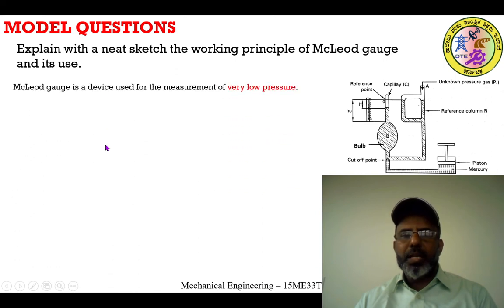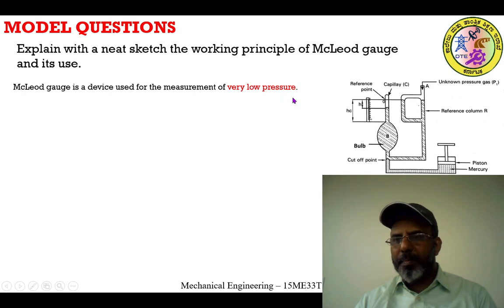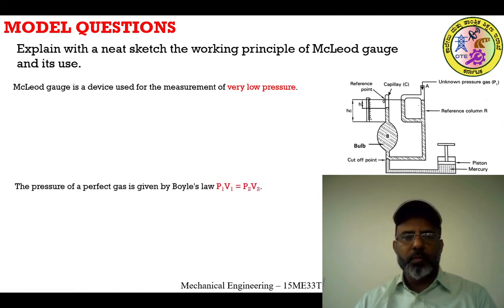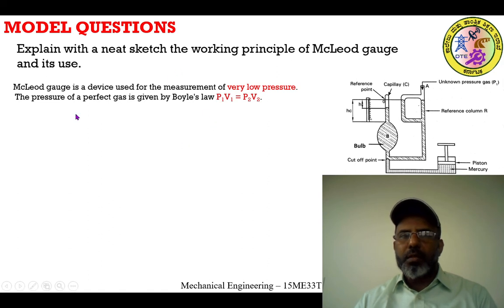It is generally employed for measurement of very low pressure of a gas. Secondly, you should know this: the McLeod gauge works based on the principle of Boyle's law, P1 V1 equals P2 V2.